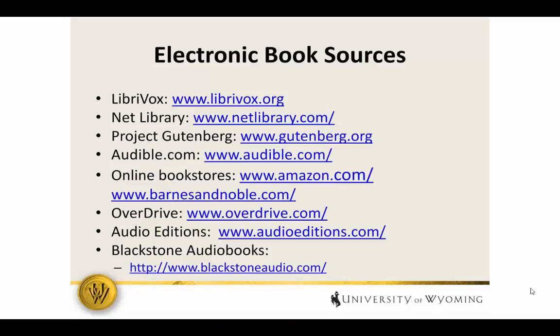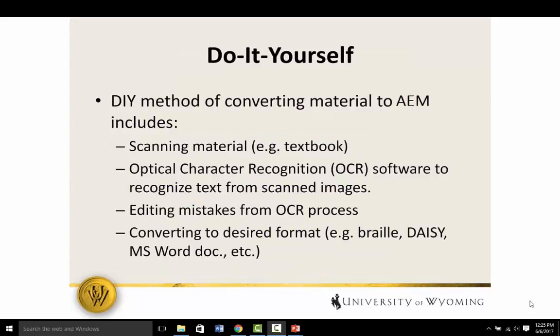The following is a selection of sources that provide electronic and audio books. Some texts are available for free and others may be purchased. LibriVox, NetLibrary, Project Gutenberg, Audible.com, online bookstores such as Amazon and Barnes & Noble, Overdrive, Audio Editions, Blackstone Audiobooks.